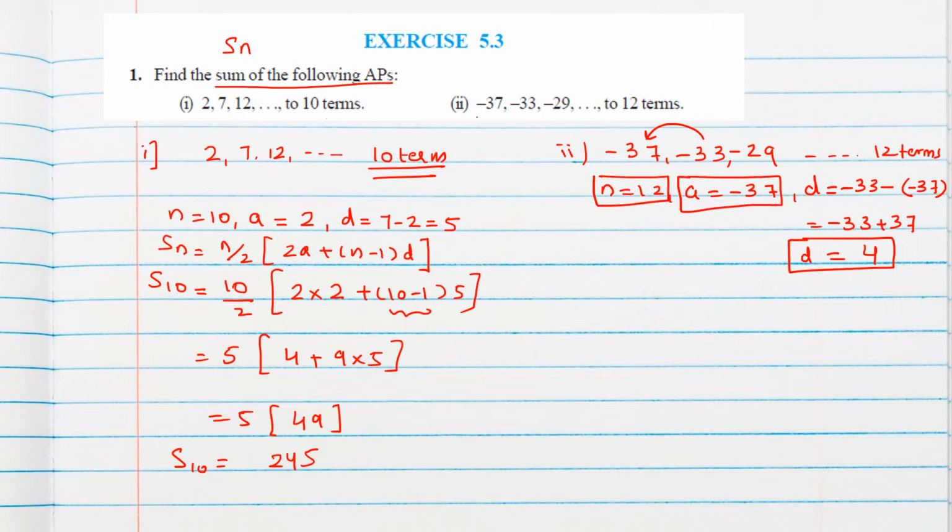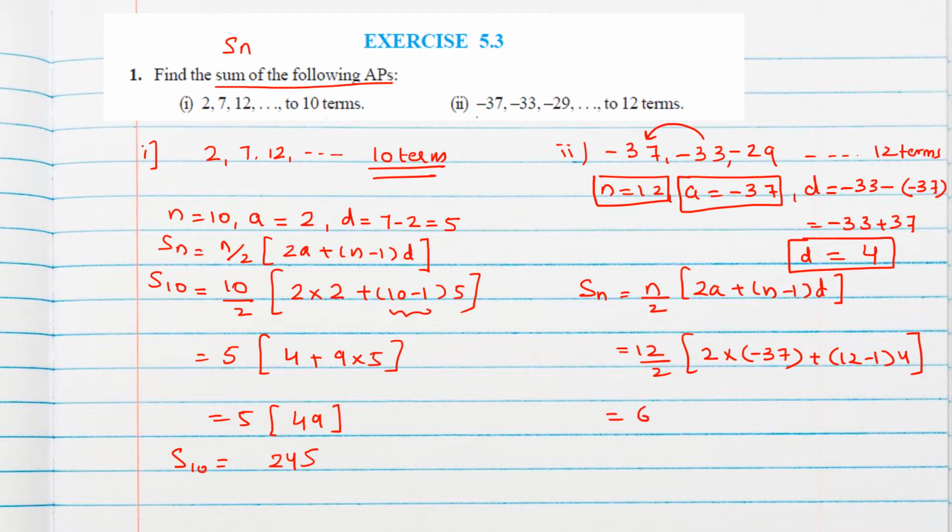So we can apply the Sn formula, that is n by 2 [2a + (n minus 1)d]. Substitute all the values here: 12 by 2, 2 into a is minus 37, 12 minus 1, d is 4. This will give 6. After multiplication of 2 into 37, minus 74 will come.